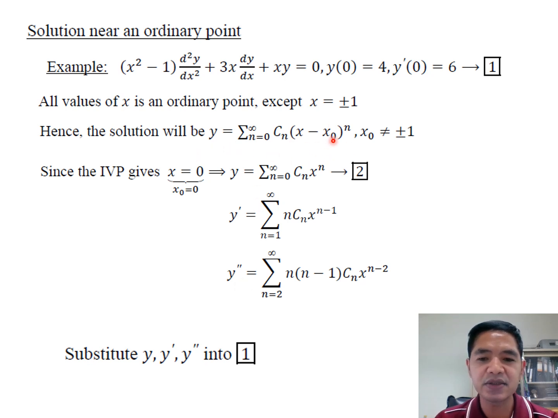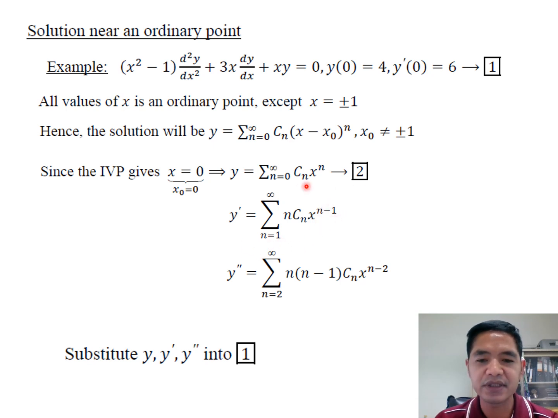But since we have the initial condition x0 equal to 0, you substitute x0 with 0, so you just get x only. So the general form is y equal to the summation of cn x to the power n, from n equal to 0 to infinity. The first derivative, equation 2, is the summation of n cn x to the power n minus 1, and n now starts from 1 to infinity.